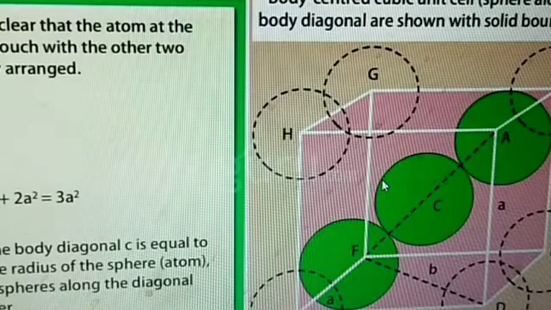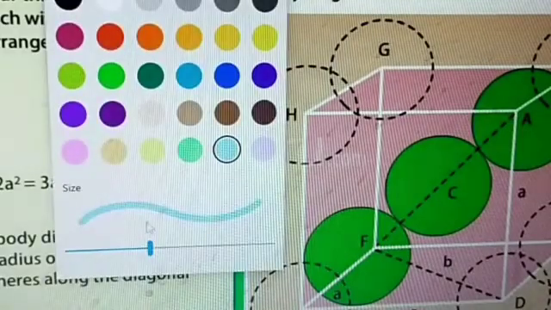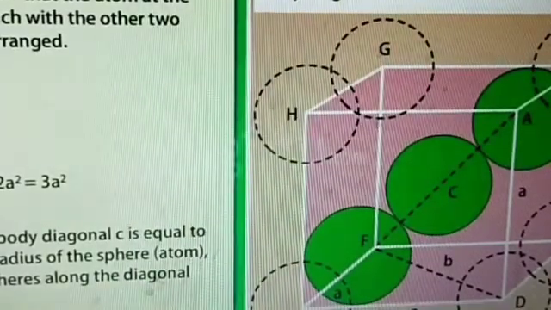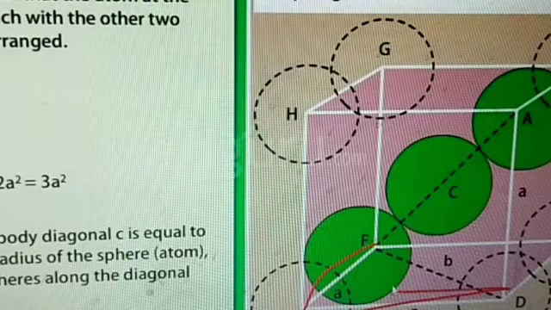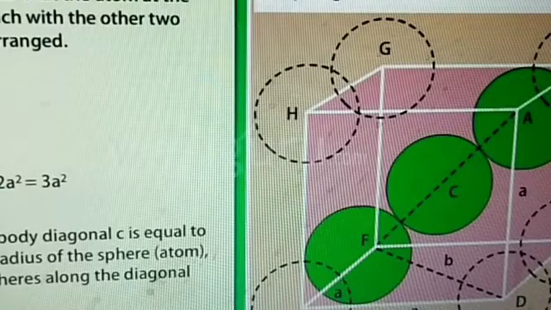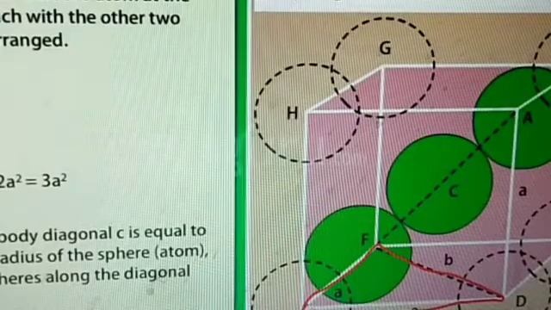So now, if we take triangle EFD, this is triangle EFD.